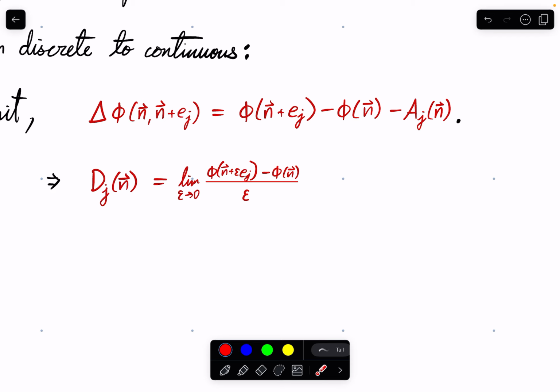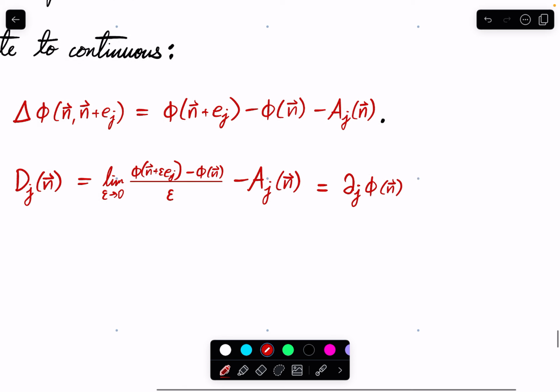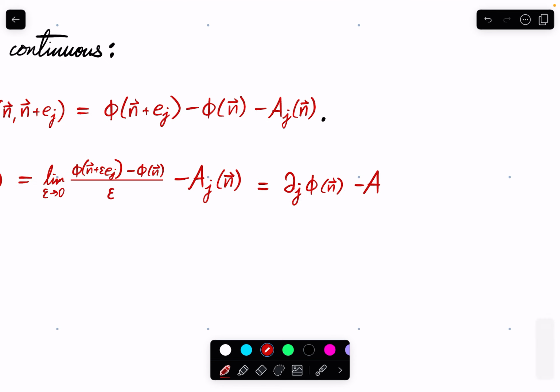So if this gets infinitely close to n, then that's what this limit is doing. And then you have how the difference is encoded by this function, which is just the definition of a derivative. So it just becomes the derivative in the jth direction acting on the field, then minus a sub j n.